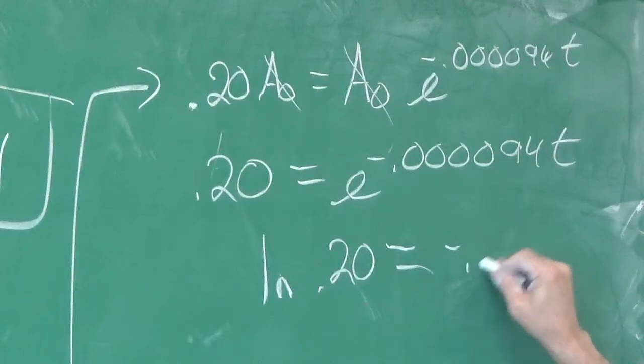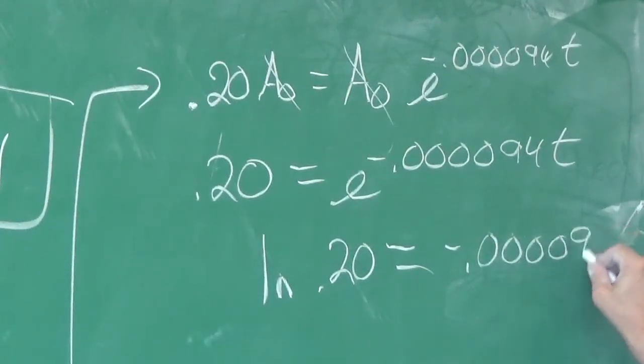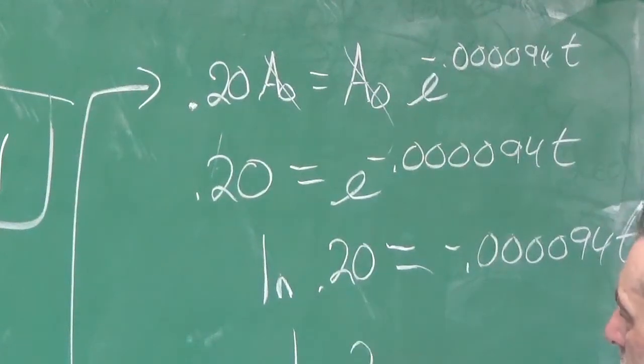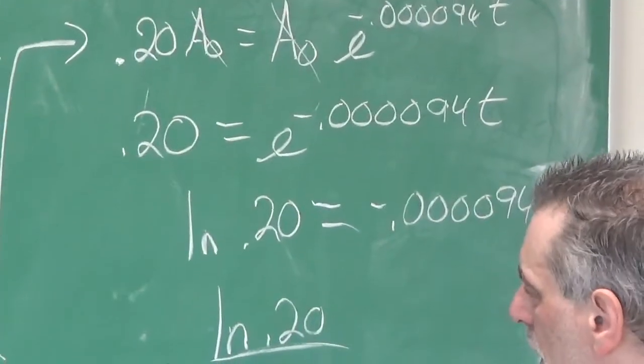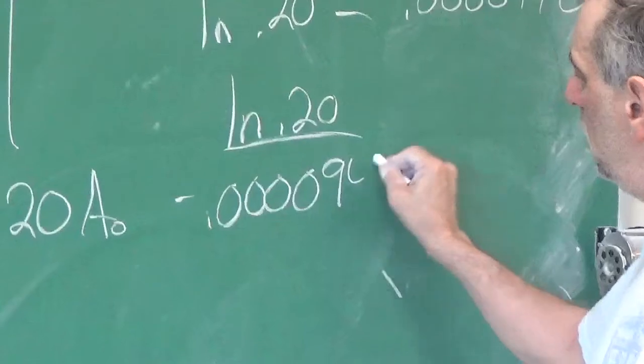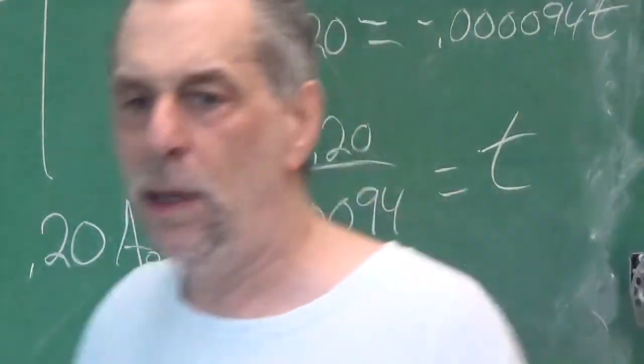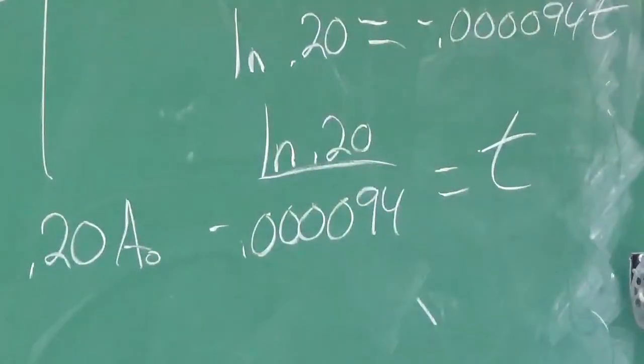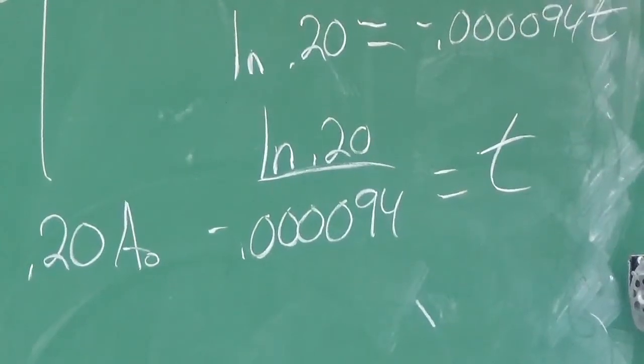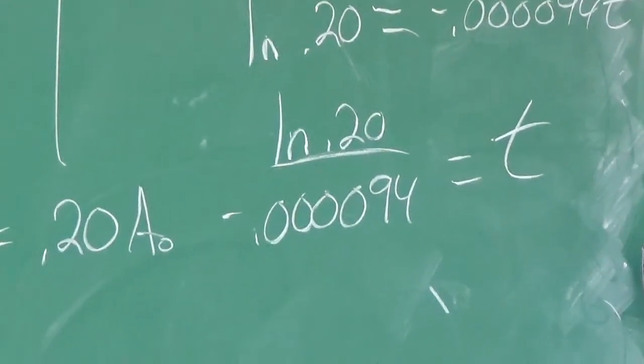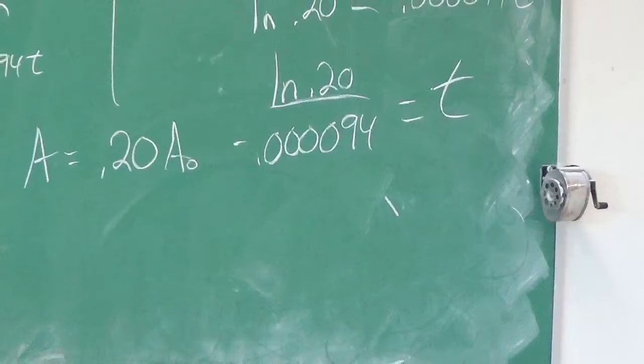Natural log of e raised to anything is just that exponent. We solve for t. I think I got this one in the book. And we come up with something close to 17,043 years.